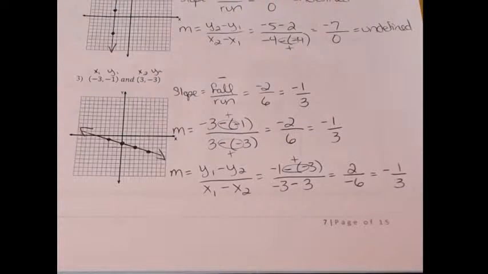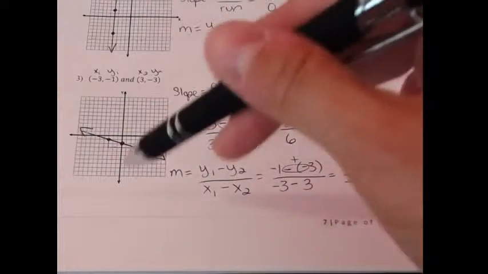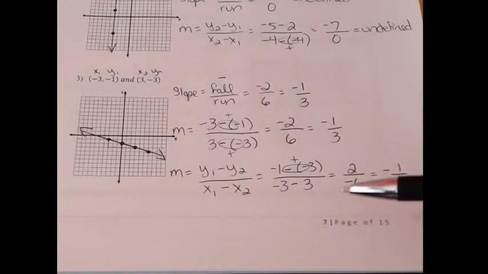I do want to point out that in this second example here of finding slope, we noticed that our negative was in the denominator, but we've also learned a long time ago that we're always going to write our answer with the negative either in front of the fraction or in the numerator. With slope, the numerator of the fraction will tell you whether or not you're rising or falling.